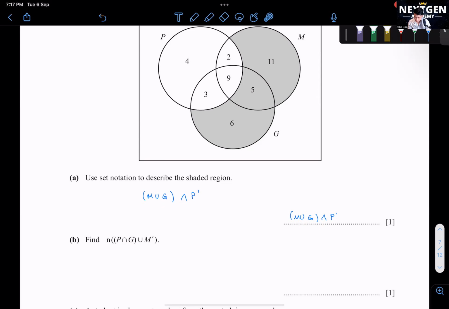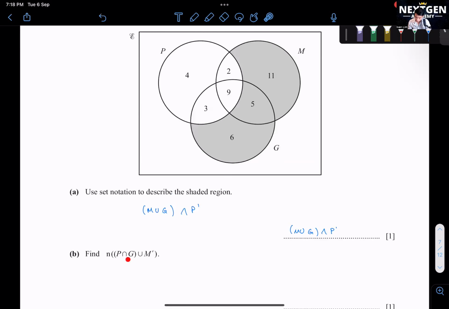So P intersect G. Where is P intersect G? Then union M prime. We see based on the diagram: P and G, where they intersect is here and here. Union M prime, so everything that is not M, which is here and here. I use another color so you are clear: this part and this part.